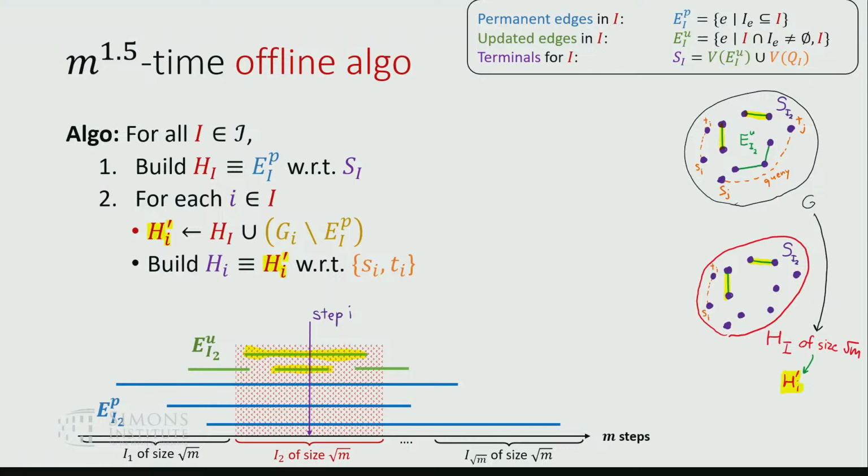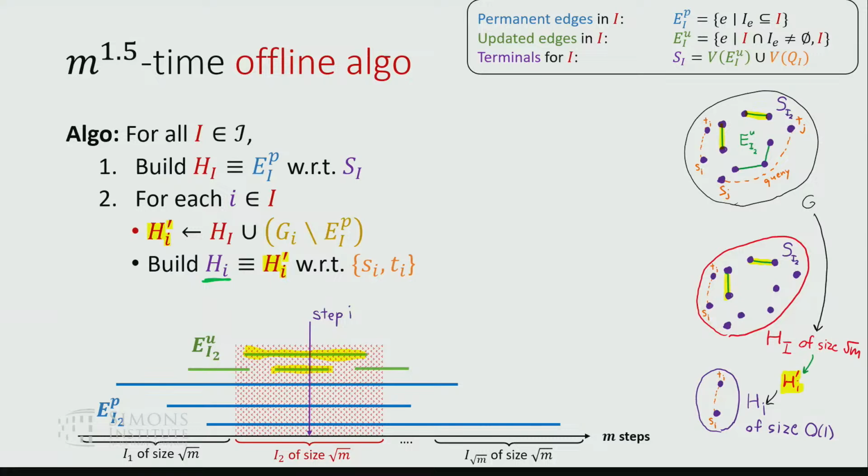The last step I'm gonna do is build h_i, the one that I want. It's just gonna be the specifier of H_I prime with respect to s_i and t_i. So from this, I compress it further to a graph that has constant size.